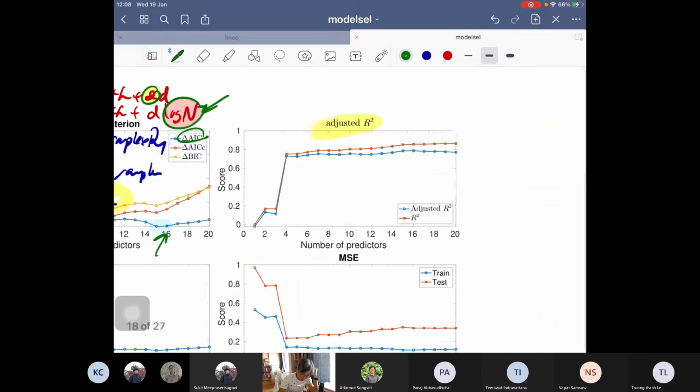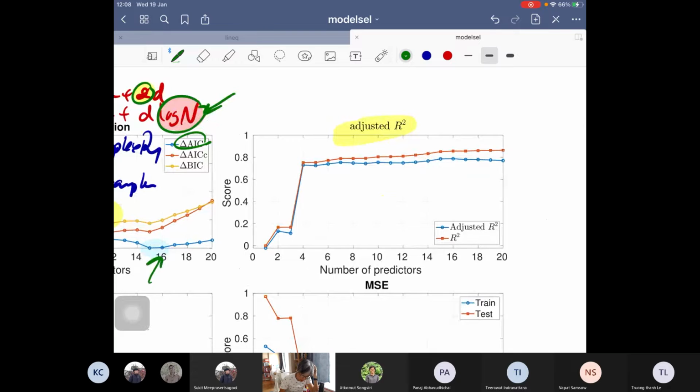Okay. In the next graph, we see adjusted R-square and R-square. As we suggested previously, the R-square is always increasing as you vary the model complexity.